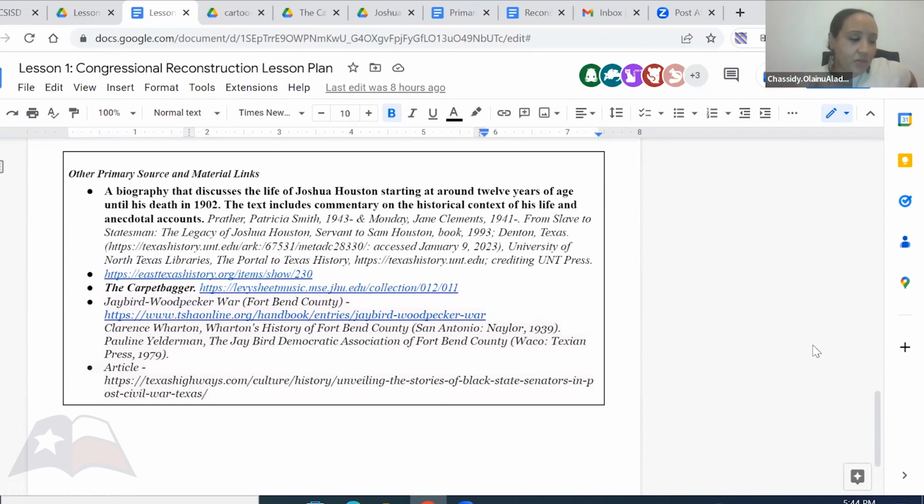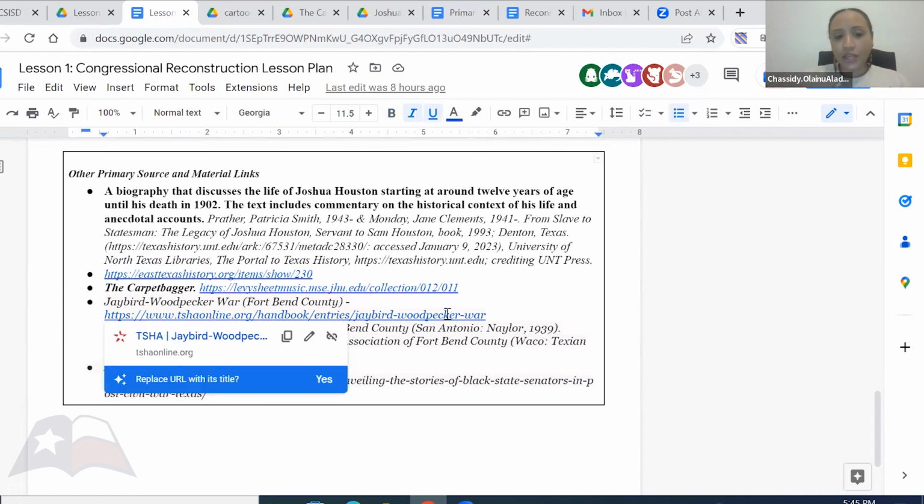When we talk about this sort of Congressional Reconstruction violence, last week I gave an example, which is the Jaybird Woodpecker War, which is a local example here for me in Fort Bend. And so I did put a link to an article on that online. One thing that I would encourage you to do is, this wasn't an anomaly here in Fort Bend. These sort of little scuffles and coups took place across Texas.